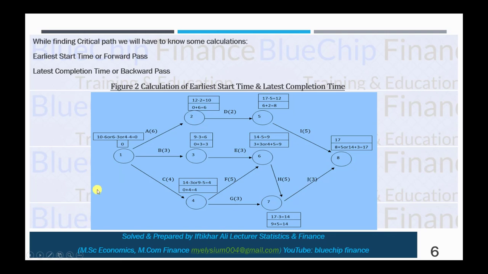After that, now what next? Next, we have to calculate two things more. One is earliest start time or forward pass, and another one is latest completion time or backward pass. So first of all, we are going to calculate earliest start time or forward pass.